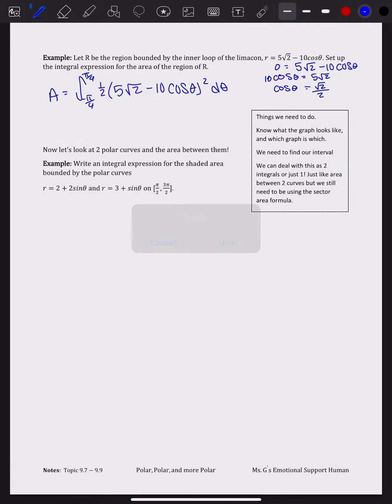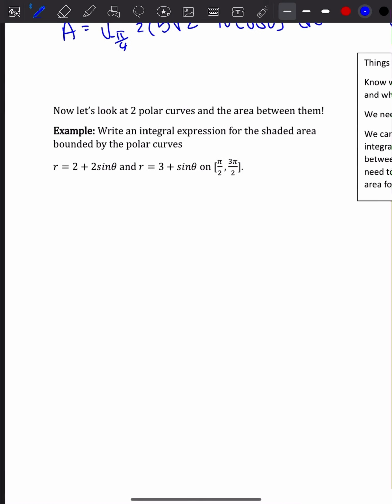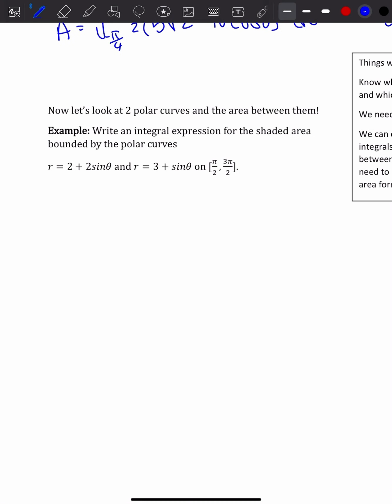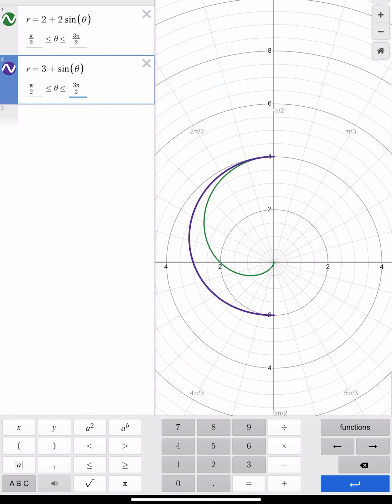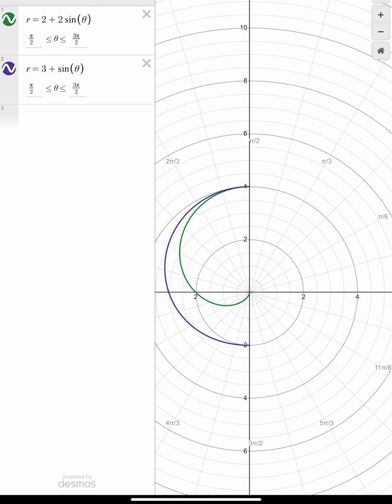Just like our other ones, we want the bigger radius to be on the outside. Looking at our graph here, our bigger radius is the one farther away from the pole at any point in time from the other equation. And the outer equation here is that 3 sine theta.